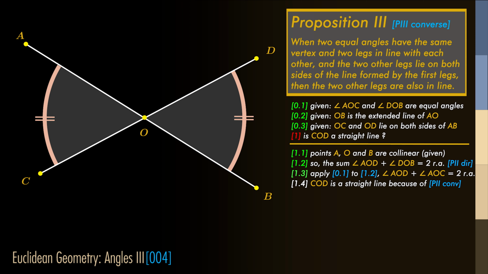But angle DOB is equal to angle AOC, consequently we can write the equality as angle AOD plus angle AOC equals two right angles. In other words, COD are collinear and is a straight line. This is again according to proposition 2, but now according to the converse part of it.